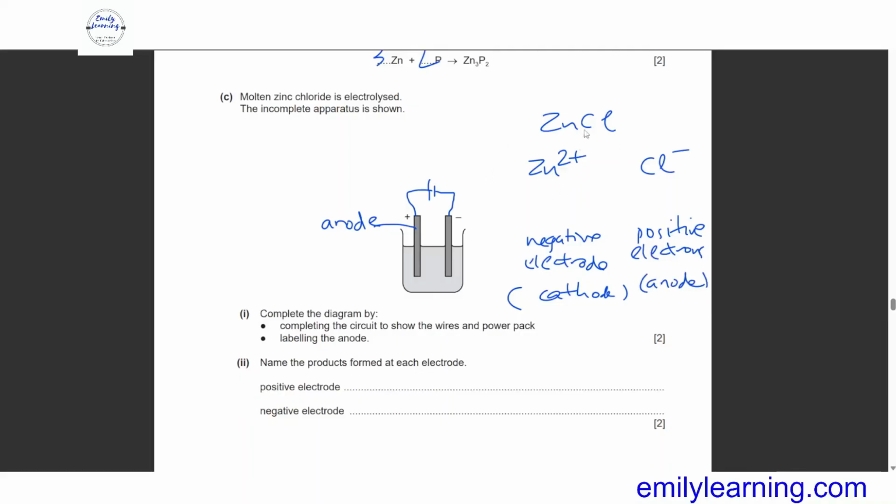So Zn2+ will go to the negative electrode to form zinc, and electrons are also given out. Then Cl− will form Cl2 plus 2e− at the anode. So the positive electrode will have chlorine being formed, whereas the negative electrode will have zinc being formed.